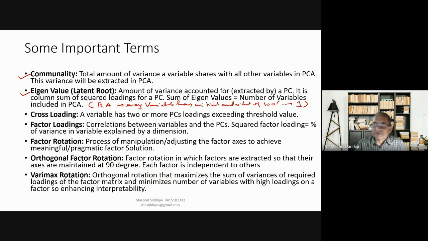Okay. And this is the definition of factor loading that I have just mentioned: the correlation coefficient of a variable and the principal component. The further concept I will be explaining later on. So these two things are clear related to factor loading. Right? Let me show you the table also.